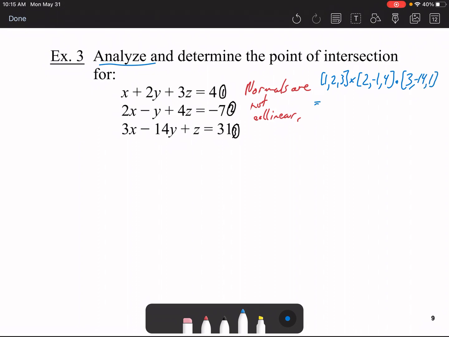Again, you don't know if this is equal to 0, so do not state that it equals 0. You want to see if it works out to be equal to 0. Okay. So 8 plus 3, 6 minus 4, and negative 1 minus 4.